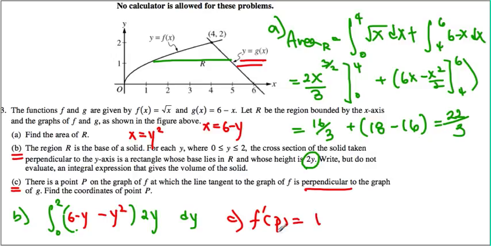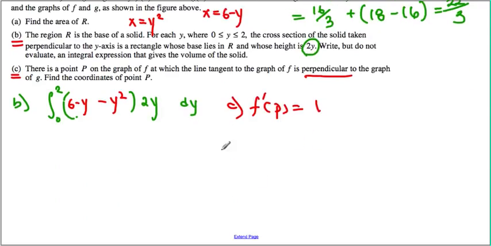Alright, then let us try to find the derivative. Since f is equal to square root of x, what is f prime? It becomes 1/2 times x to the -1/2 power. In other words, 1/2 square root of x.